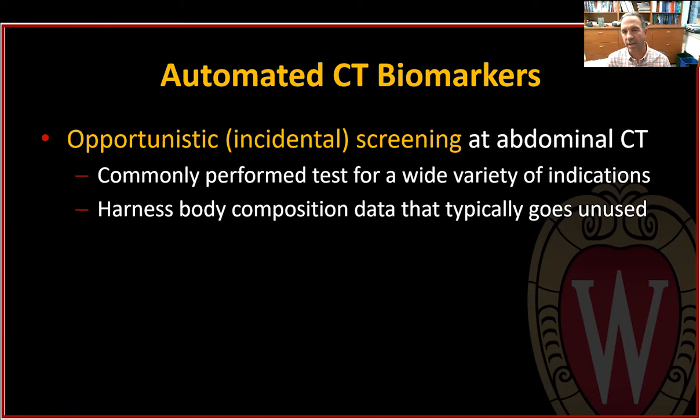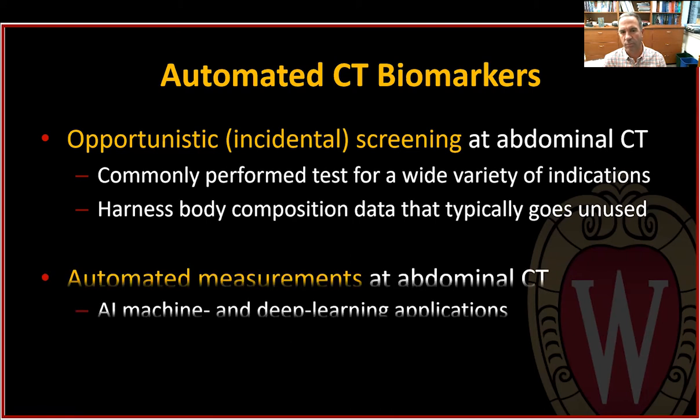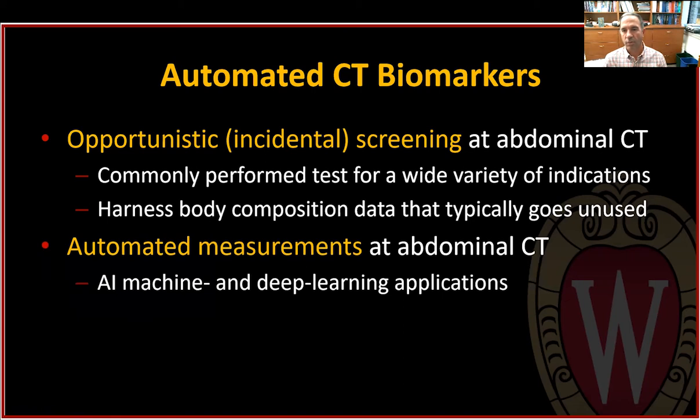We know CT scans are incredibly high frequency and high volume. There are probably 75 to 80 million, maybe more, body scans done a year in the US. I haven't gotten recent numbers on that. Of course, a lot of the body composition measures that we'll be looking at are things you can do manually or semi-automatically, but thanks to Ron and others, people have automated these tools.